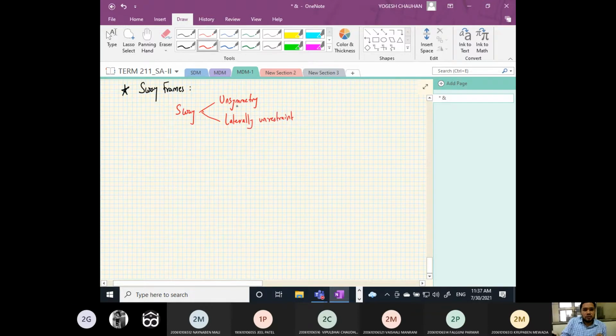These are the two reasons. If the frame is unsymmetric, then also the sway may occur, and if it is laterally unrestrained, then also sway occurs.